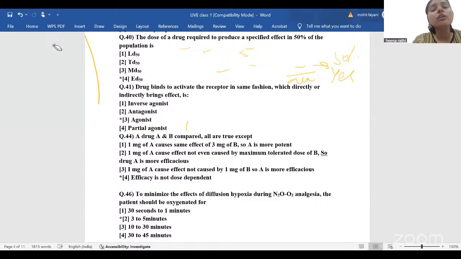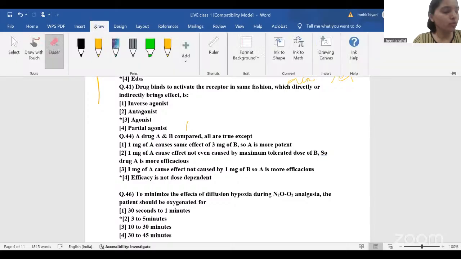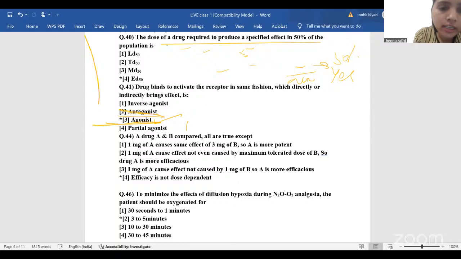It is just going to block the action of the drug. That is an antagonist, which just blocks the action of the drug. Agonist has the same action. Antagonist is going to block the action of the agonist.